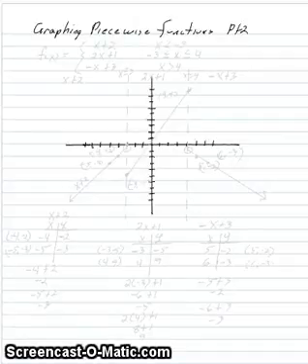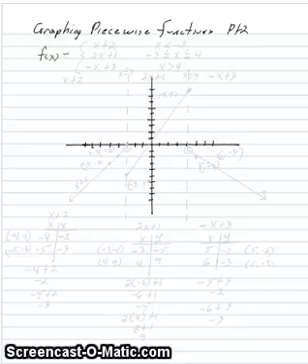Okay, graphing piecewise functions, part 2. A function f of x is equal to x plus 2 on the interval x is less than -3.